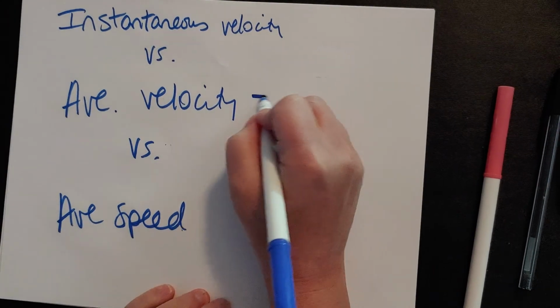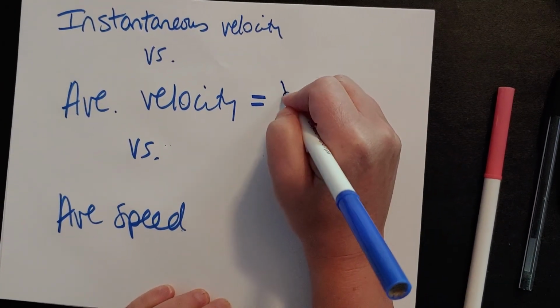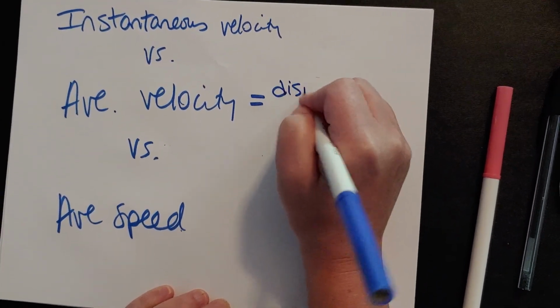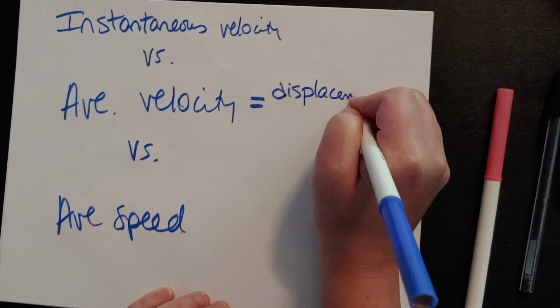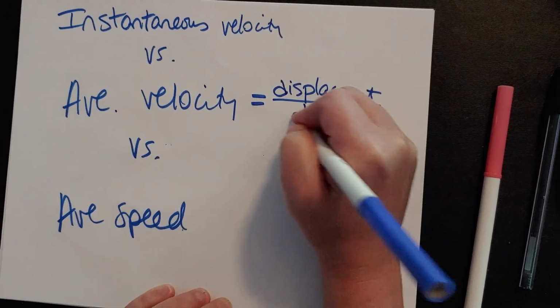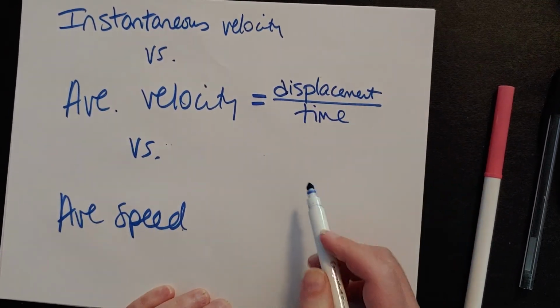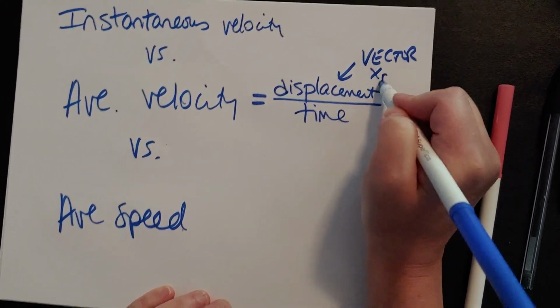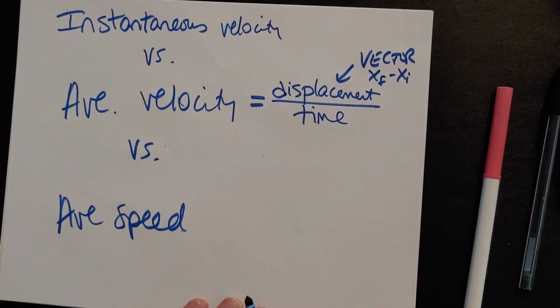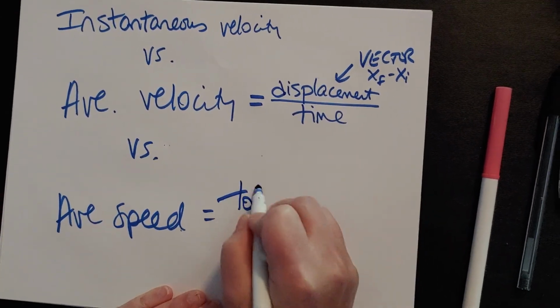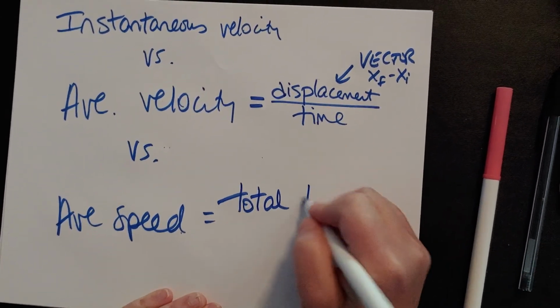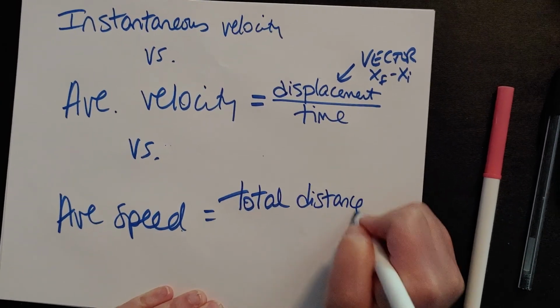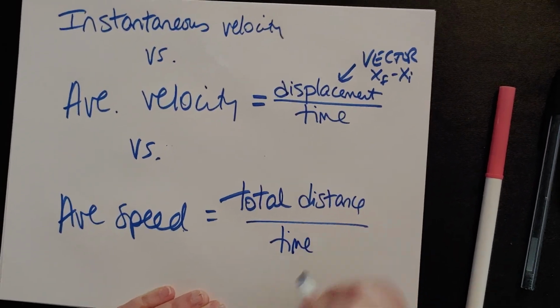Average velocity is the displacement over time. Remember, displacement is a vector. It's the final position minus the initial position. The average speed is a scalar, and it's the total distance over time.